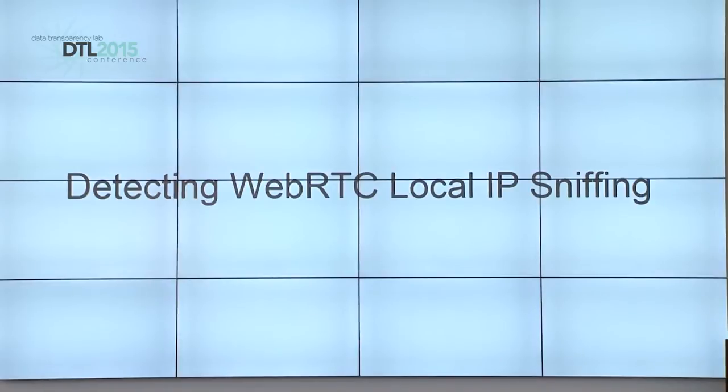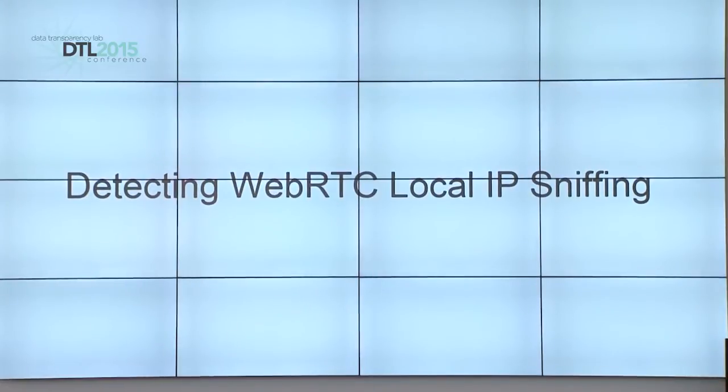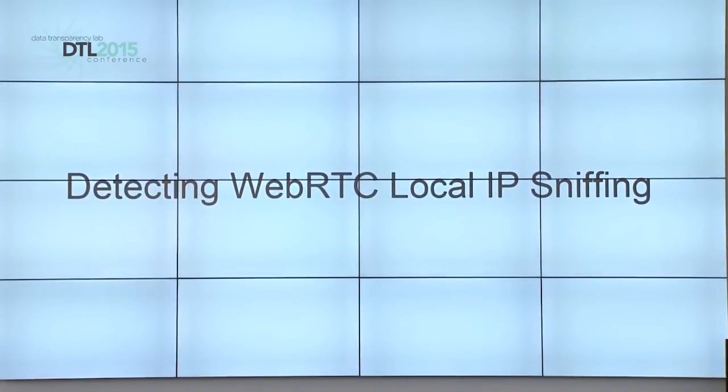So I want to tell you a story about WebRTC local IP sniffing. I'm not sure if everyone's familiar with this, but WebRTC can be used to sniff the local IP of your machine from JavaScript. So typically if you contact a third party, they're going to get your public IP. That makes sense.